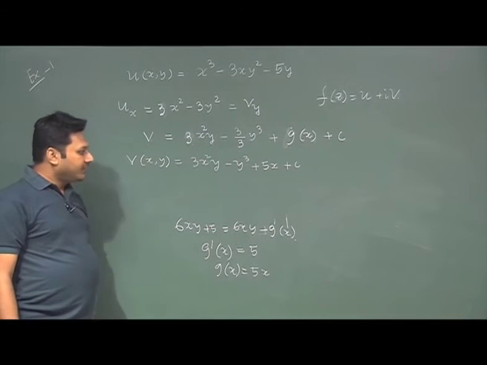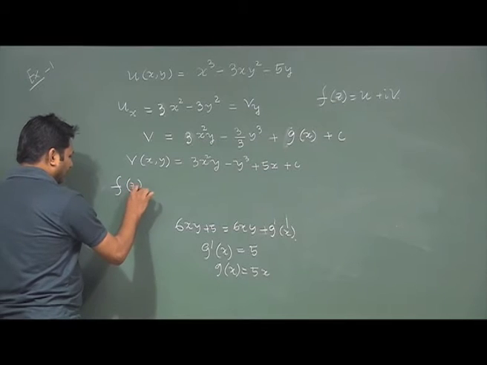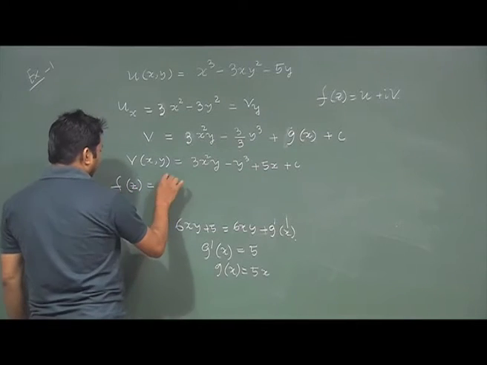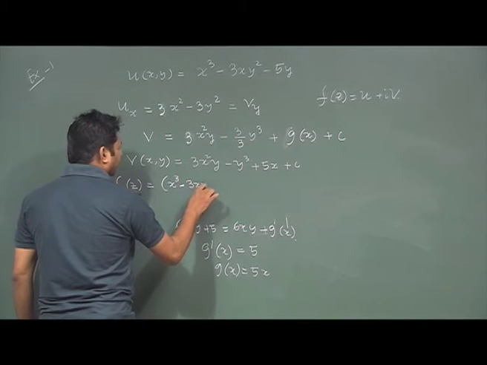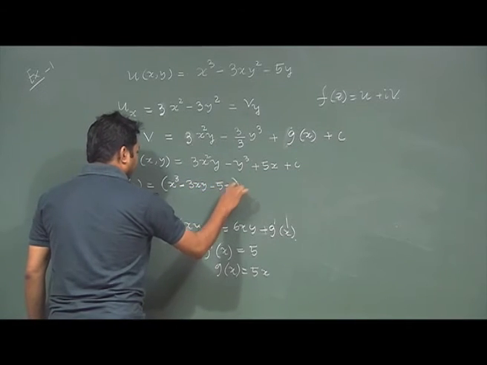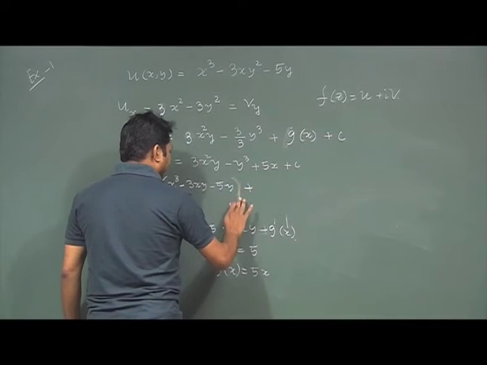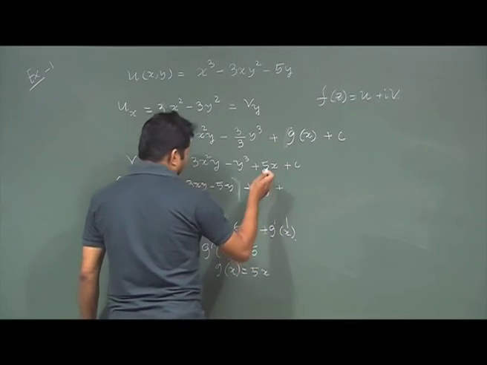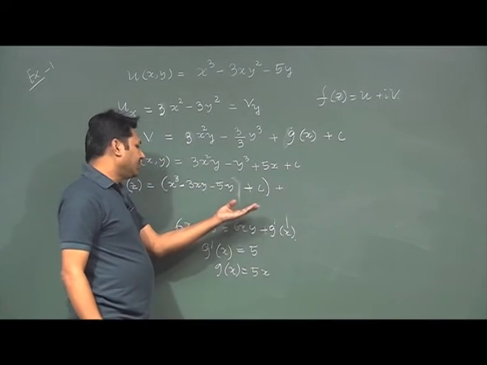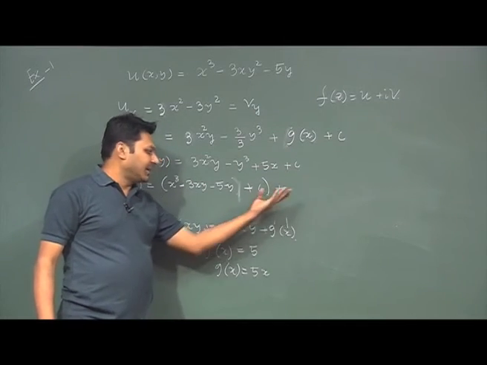So, the entire function which is analytic for the given u should be something like x cube minus 3xy square minus 5y plus, say I can put this c here, plus c, where c is a constant. So, you can put this in the real part or in the imaginary part, that does not matter.